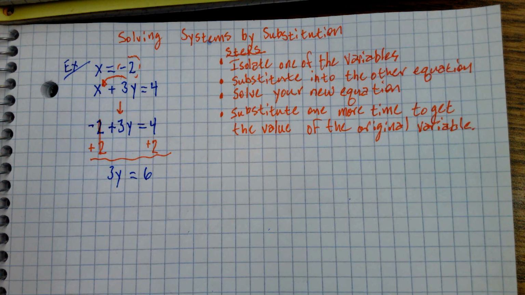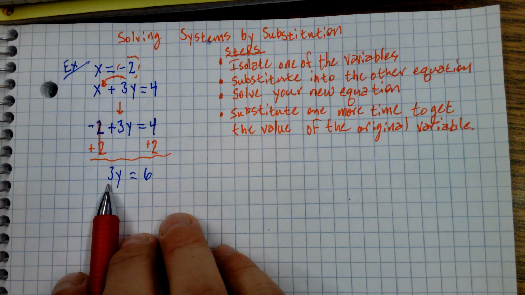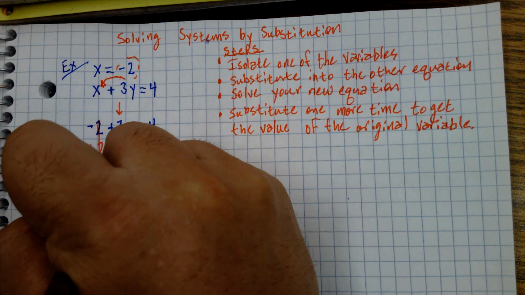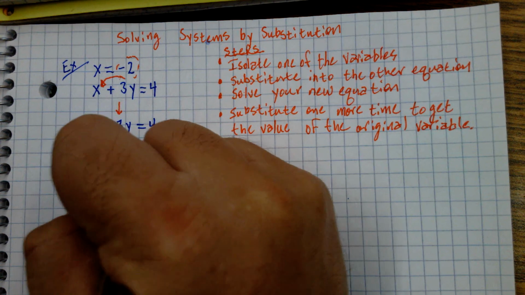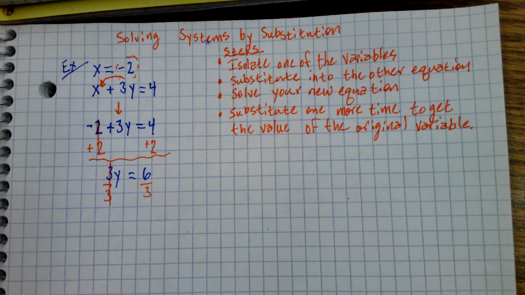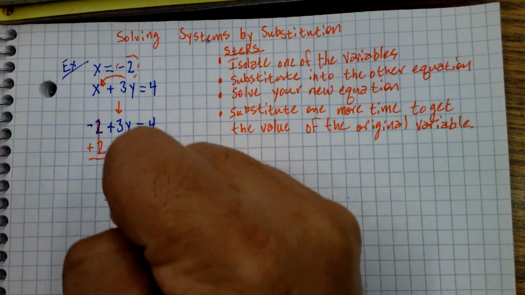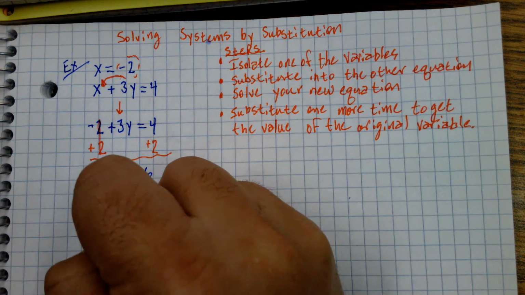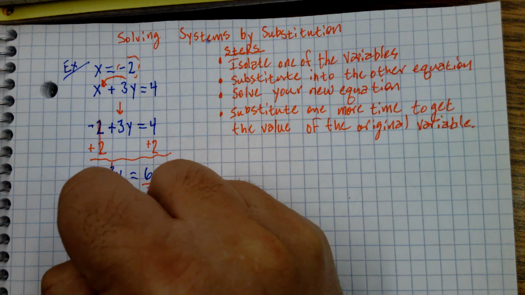We're almost there. Let's get rid of the 3. It's 3 times y. How do I get rid of just the 3 and not the y? Divide. If I do that, then I have just a y on the left, and on the other side, 6 divided by 3, which turns out to be a nice answer of 2.